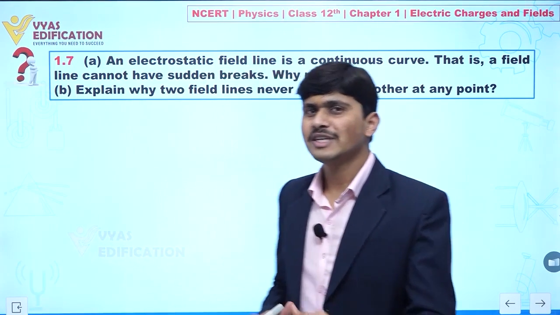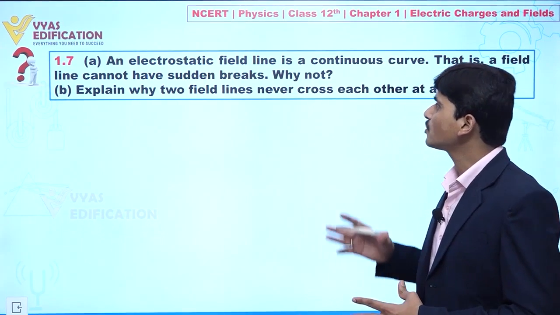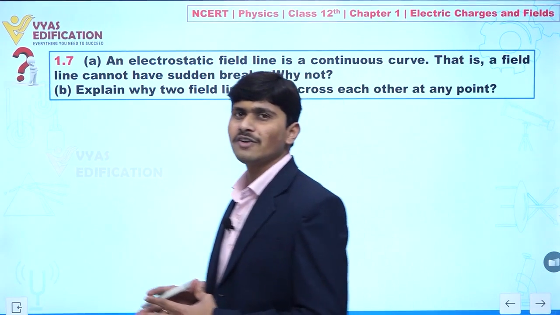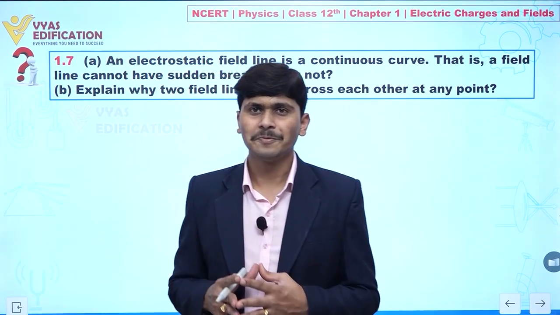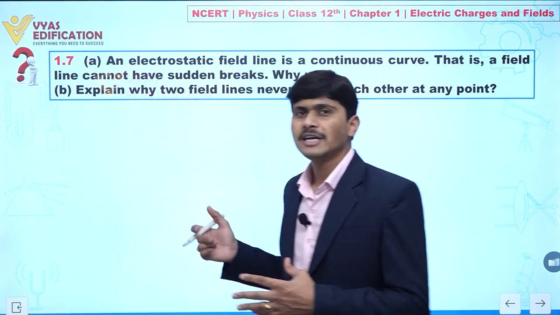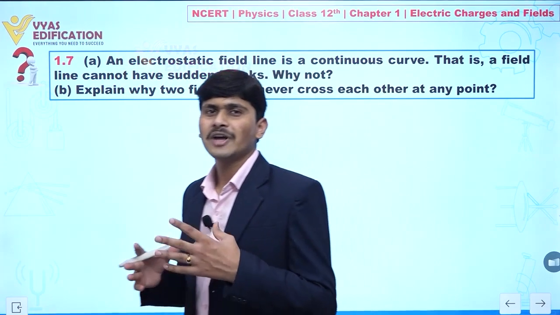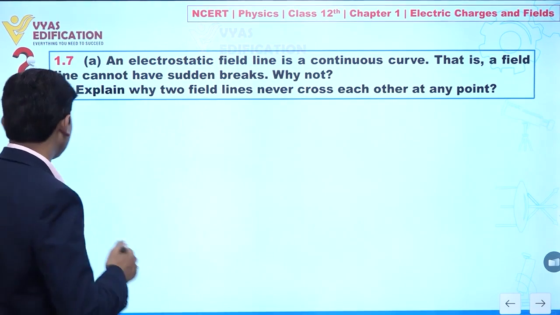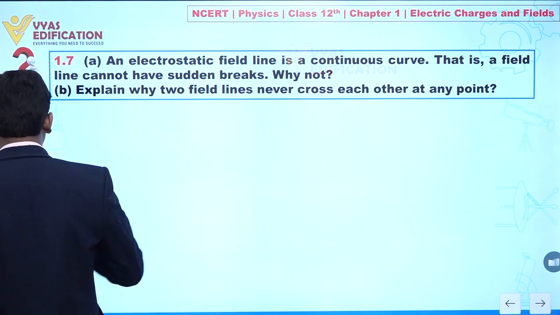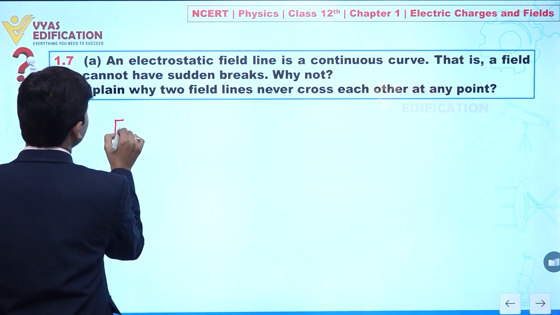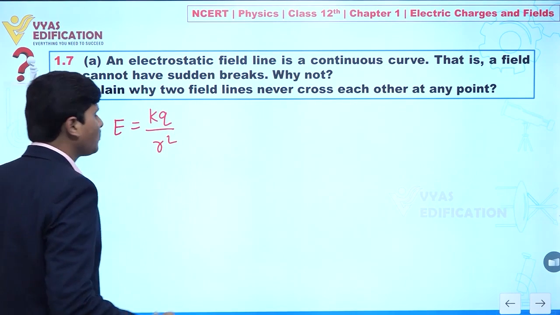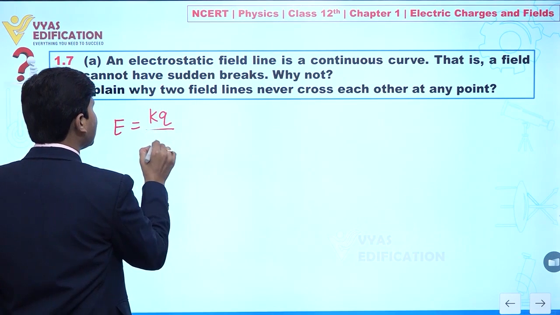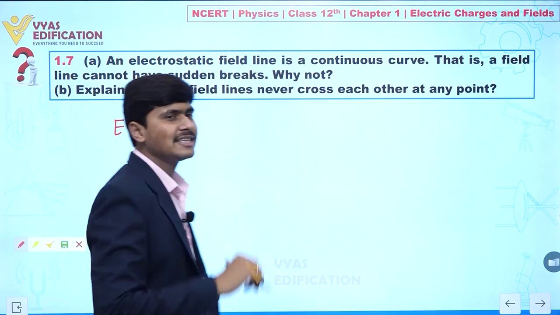So now we are going to discuss this question, and in this question it is given that electric field lines always form a continuous curve, or we can say electric field lines never break, they never have sudden breaks. So how can we say? Clear? If we talk about the magnitude of the electric field, it is given by KQ upon R square. Now you can say the electric field at infinity is 0.